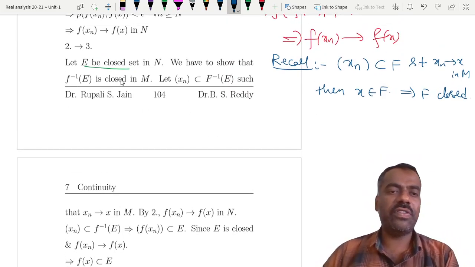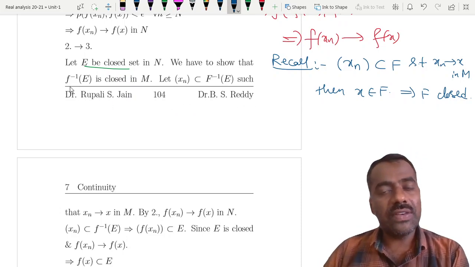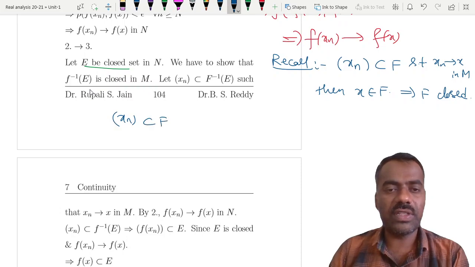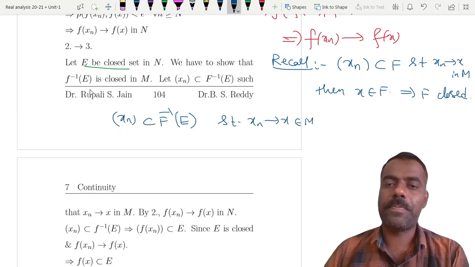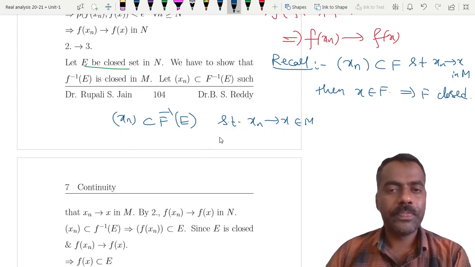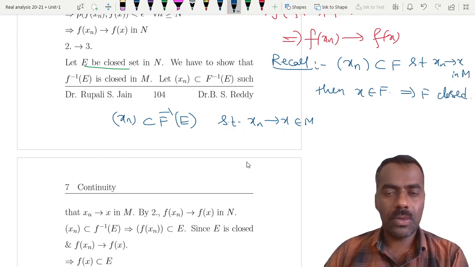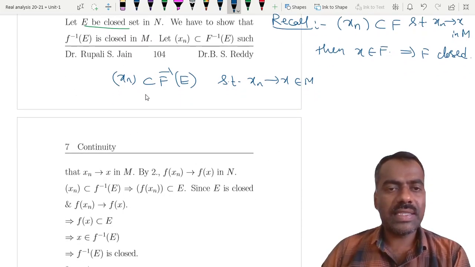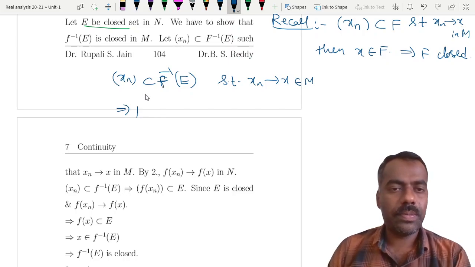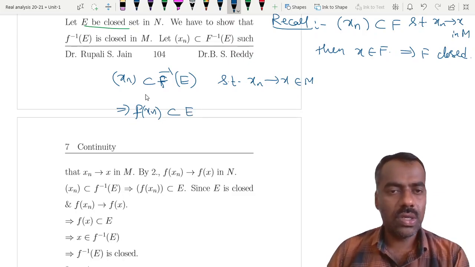We want to show that f inverse of E is closed. So start with a sequence xn in f inverse of E such that xn converges to some x, where x is in the metric space M, and finally prove that x is in f inverse of E. Then we are done. Saying xn is in f inverse of E is the same as saying f of xn is in E, and E is given to be a closed set.